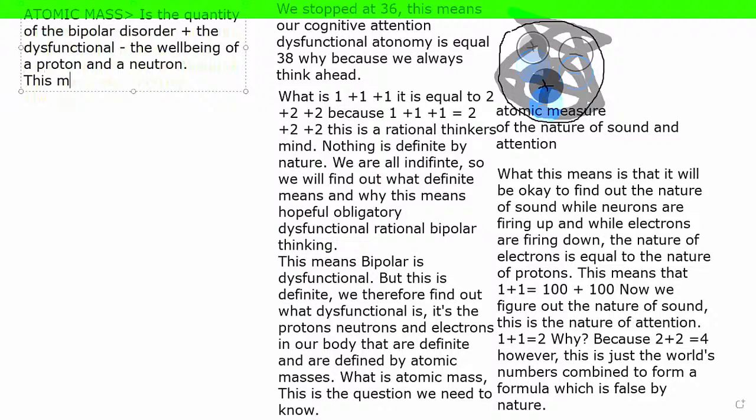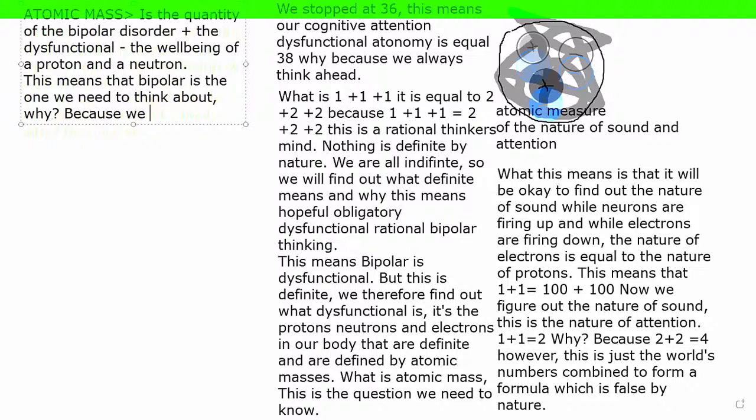This means that bipolar is the one we need to think about. Why? Because we will find out how the atomic nature is.